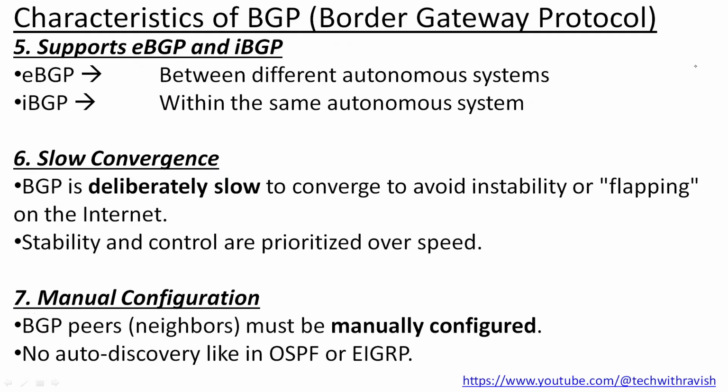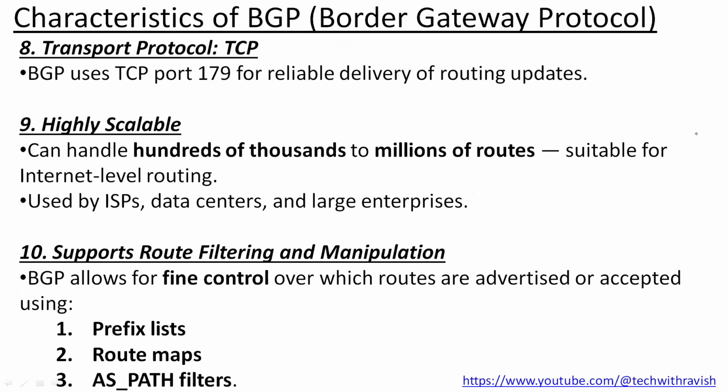We don't have automatic neighborship like OSPF or EIGRP. It is a TCP based protocol basically. It is highly scalable, and millions of routes can be handled by this protocol. It supports route filtering and manipulation with the help of prefix lists, route maps, and AS path filters. We will have a separate video for that also.